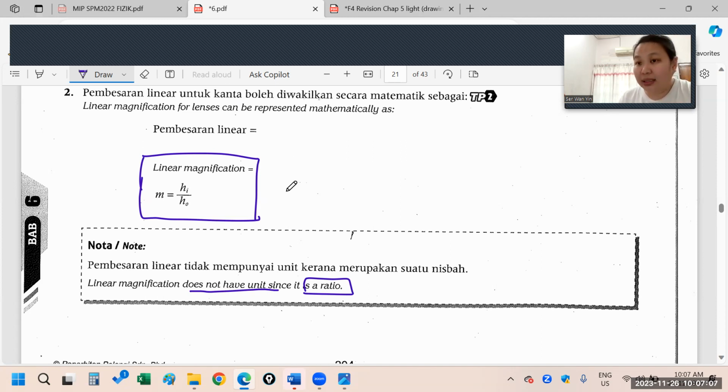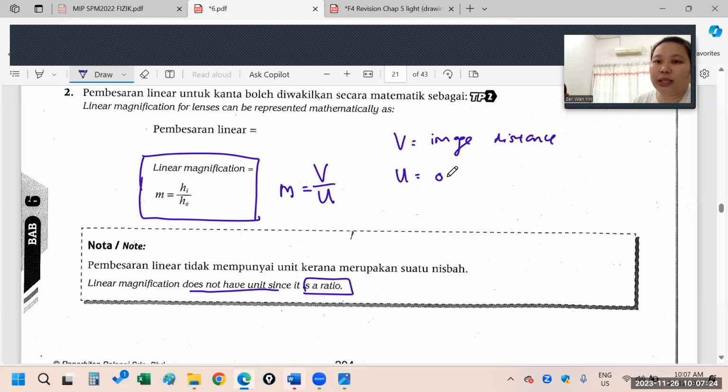Okay, there's another formula, M equals V over U, where V is image distance and U is object distance. HI over HO means height of image divided by height of object.